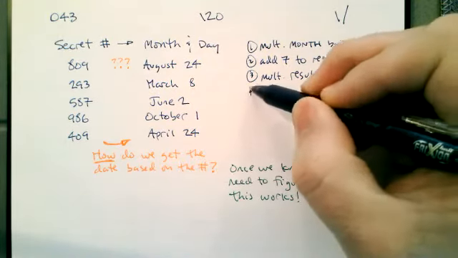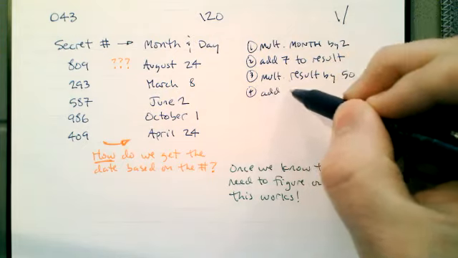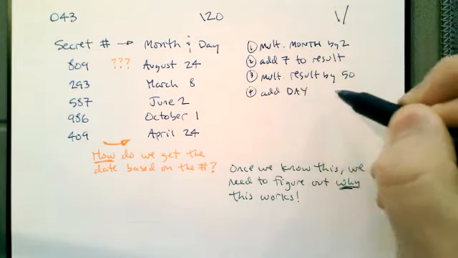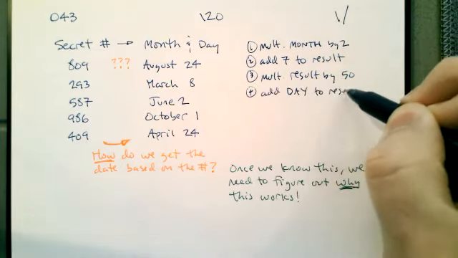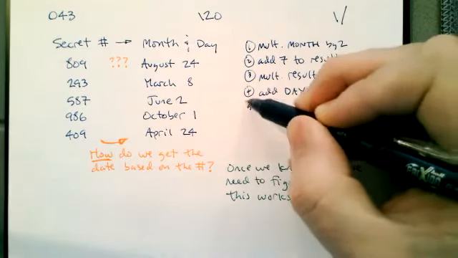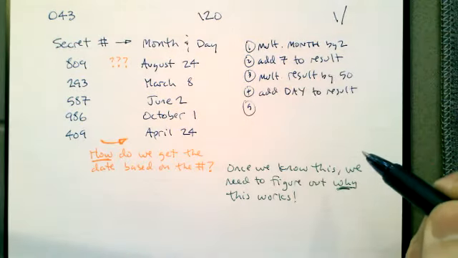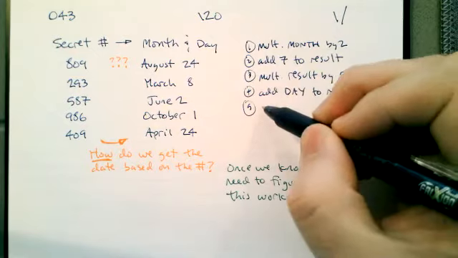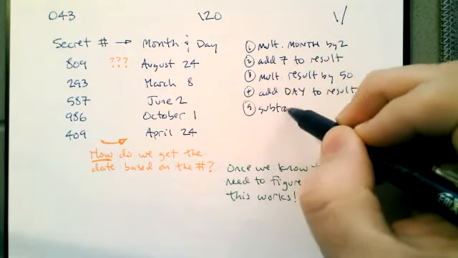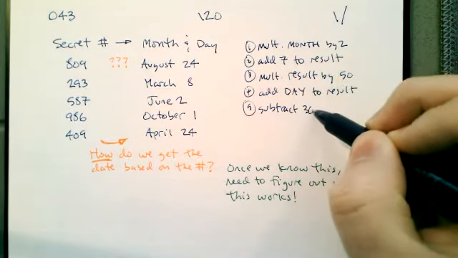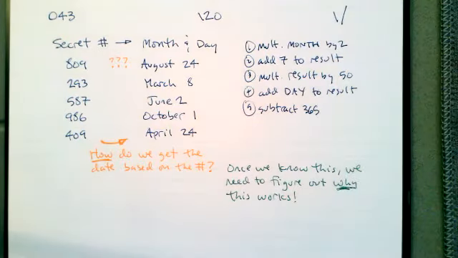Then add the day to the result. That's the day that you picked. And fifth, we subtract 365. And that's what your secret number was.